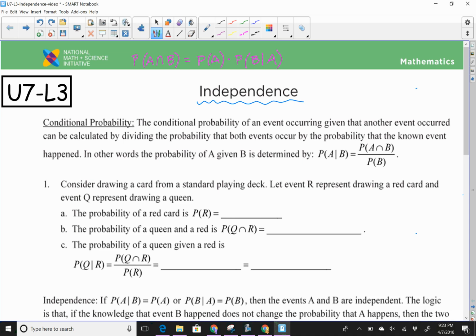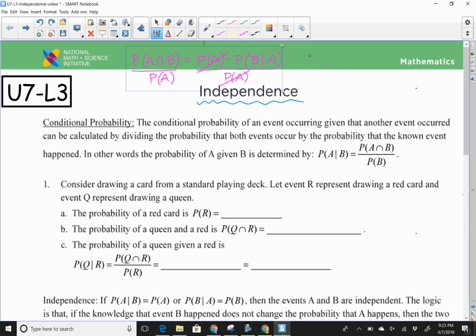Now, if I were to solve that for this particular one right here, then I would divide both sides by P of A, and it goes away over here.